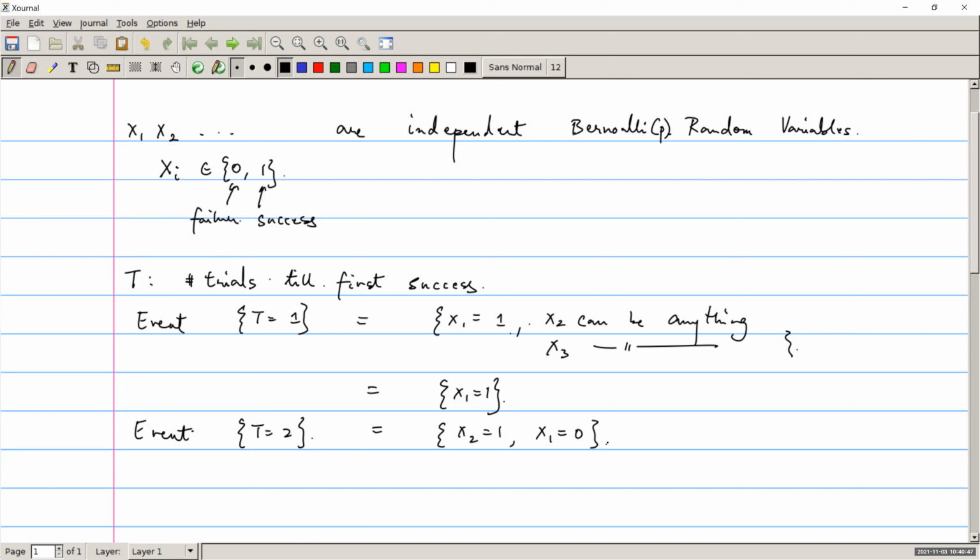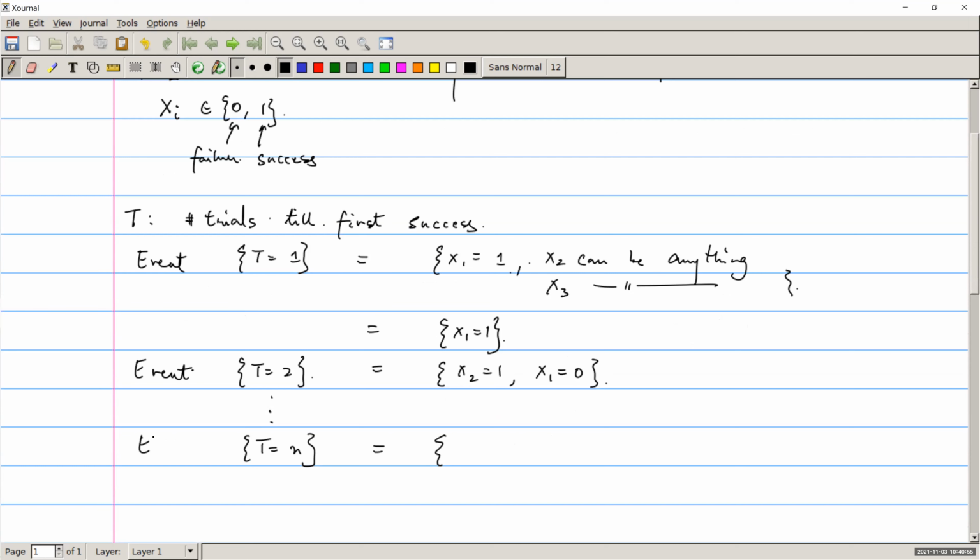Same thing for probability T equals n. What is the event that T equals n?